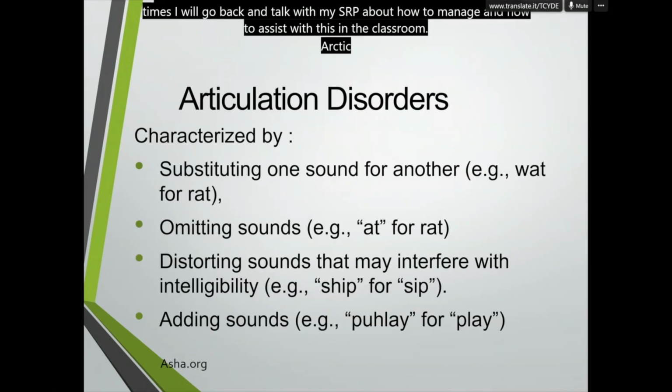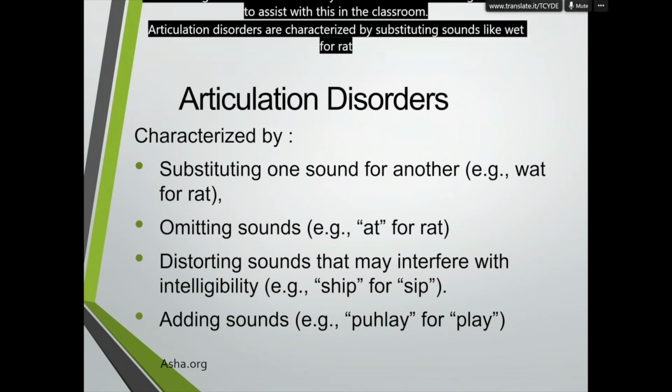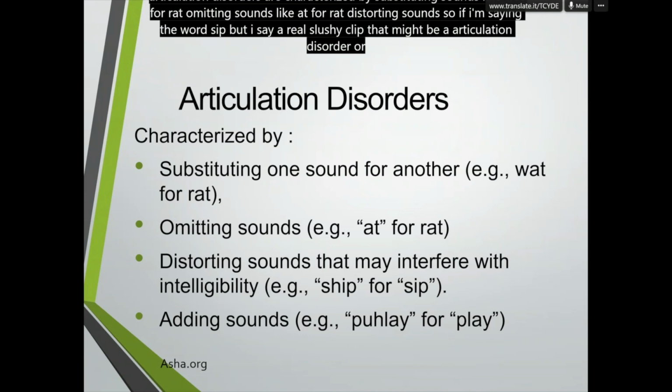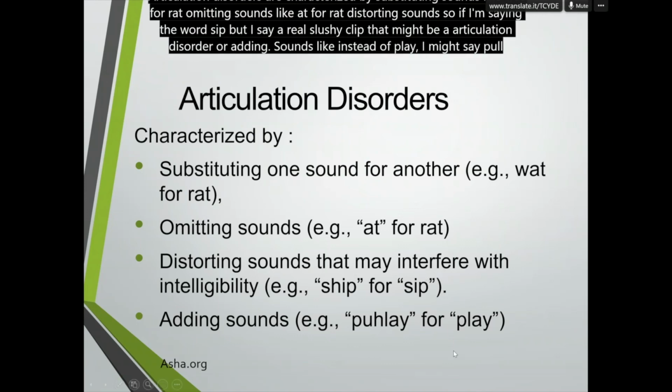Articulation disorders are characterized by substituting sounds, like wat for rat, omitting sounds, like at for rat, or distorting sounds. So if I'm saying the word sip, but I say a really slushy sip, that might be an articulation disorder. Or adding sounds, like instead of play, I might say puh-lay, and that often happens with those blends.